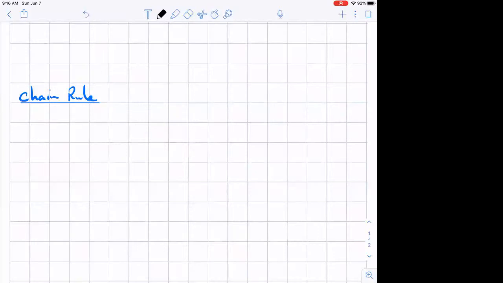Okay. It's a very powerful rule, the chain rule, and it really deals with a 2-step process.